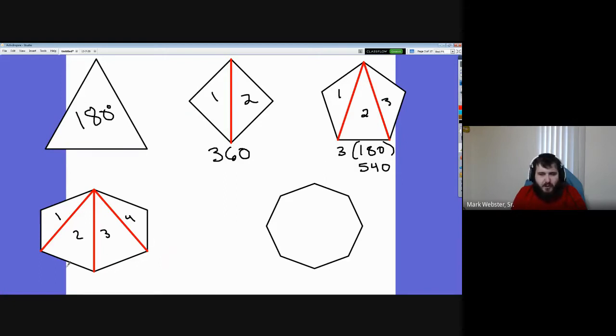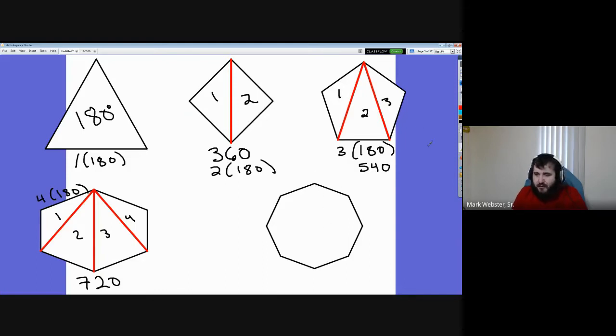And again, so now I've got 4 triangles times 180 had better be 720, right? So a 6-sided figure is 720. Okay, 3 times 180. This one is 4 times 180. This one is 5 times 180.